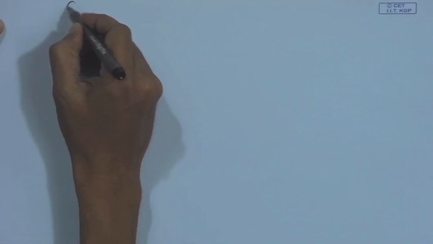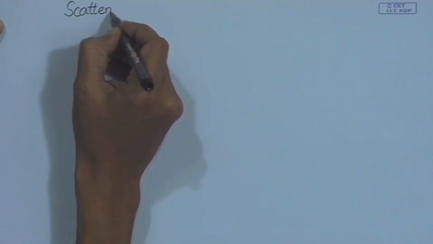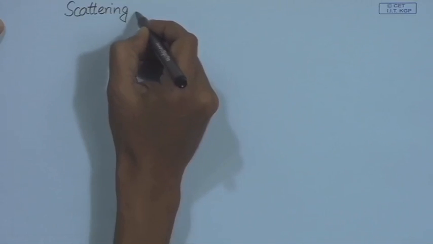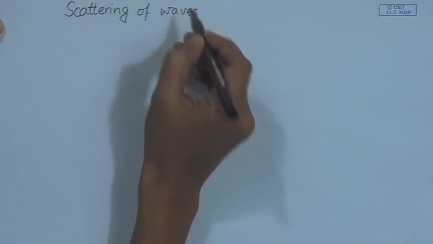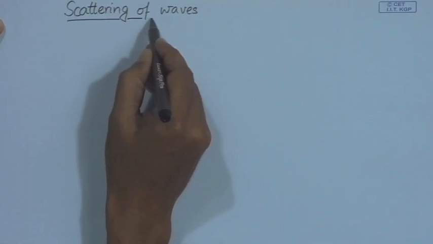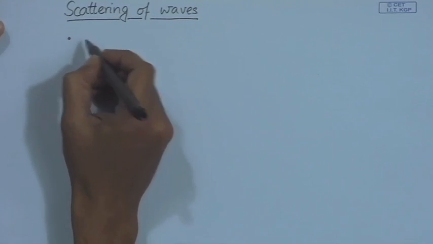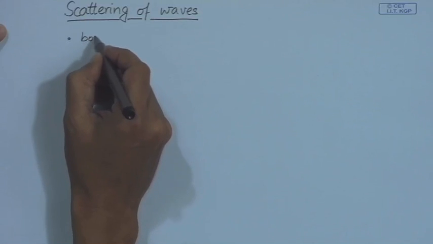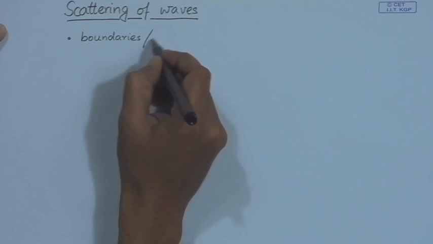So, we are going to look at scattering of waves. Scattering can take place at boundaries or obstacles.